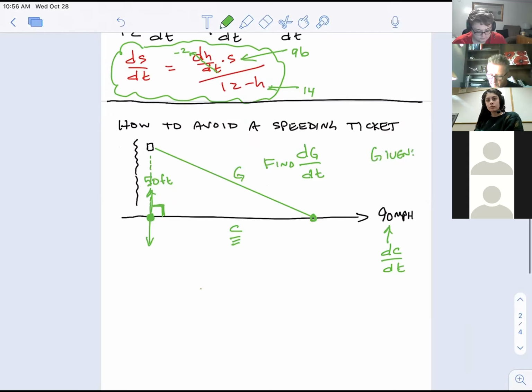Given, let's say 1, C equals 12 feet, and 2, the speed. So that looks a little bit more like a book problem now. Now we're going to go on and answer other C's besides 12 feet.